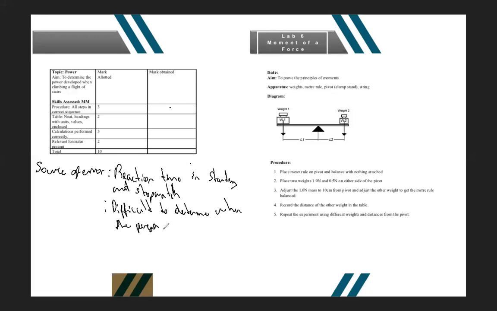All right, so this is the last lab, I'll do the source of error. These are some examples of source of error. So you snapped a picture of these already? Yes, sir. All right.